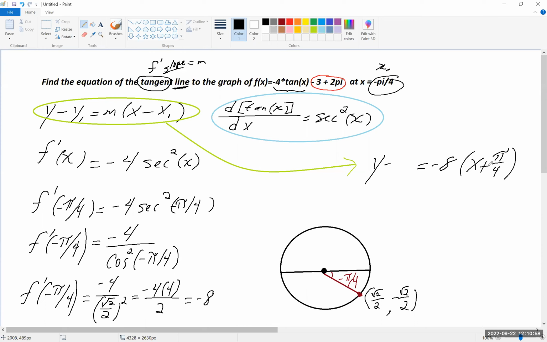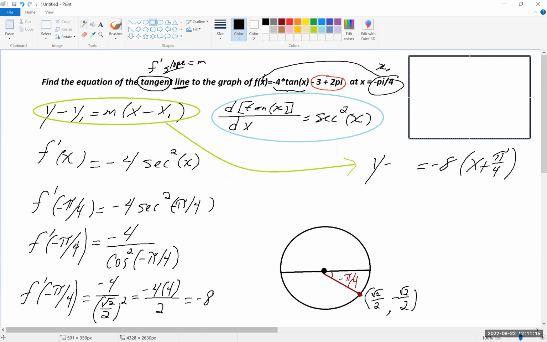Okay, so now I have to plug this into f. All right, so let's see if I can do that up here in this corner. It might have been worth doing that at the outset, but it's okay. So I'm going to plug in a minus pi over 4 into this function.